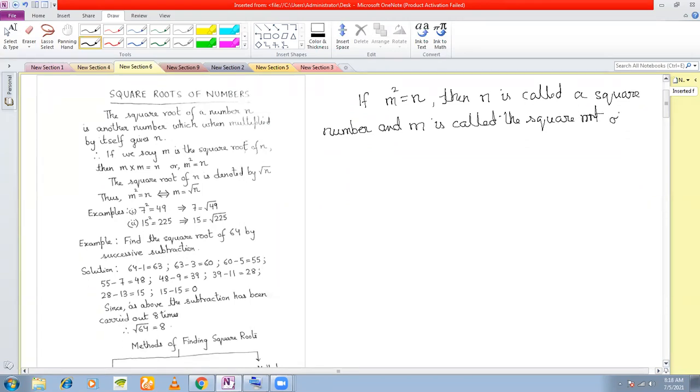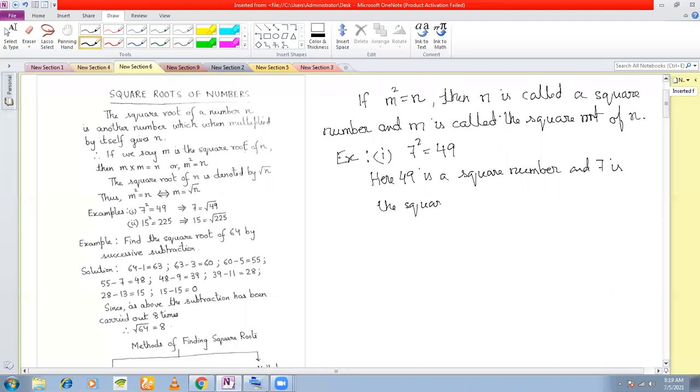Yes, sir. So for example, suppose I have 7 square is equal to 49, then what is 49 here? 49 is a square number, isn't it? And 7 is the square root of 49.